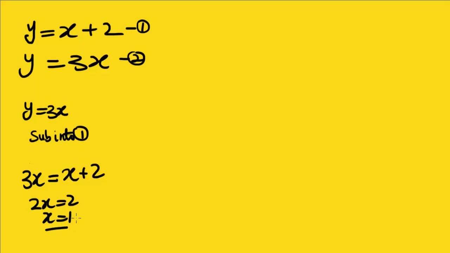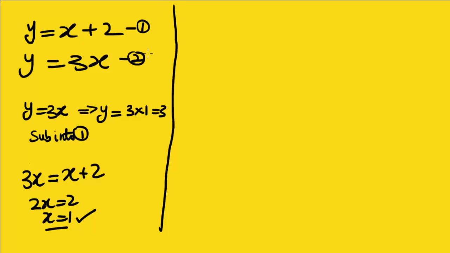Because y is 3x, y is 3 times 1, which is 3. So the solution to this system of equations, when you solve these two equations simultaneously, is that x is 1 and y is 3.